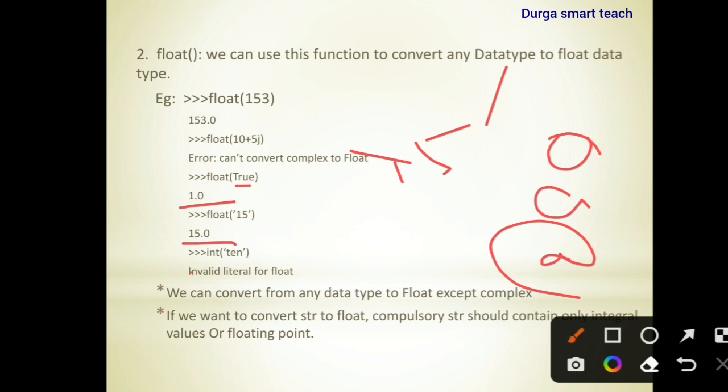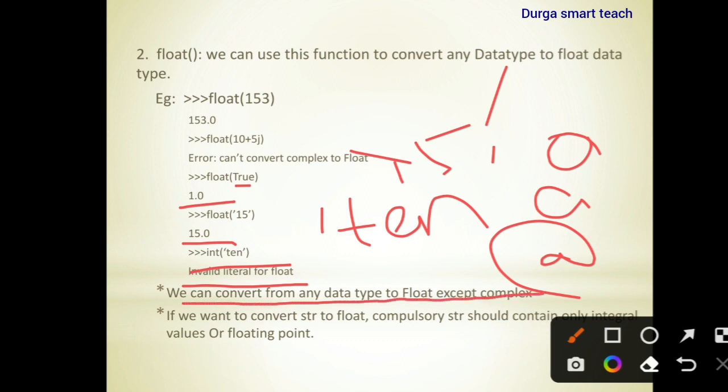Next, float of 'ten'. It contains only characters, alphabets, so invalid literal for float. See the note, we can convert from any type to float data type except complex. A complex number is not converted to float. So integer and float both are the same. We cannot convert complex to int as well as float.